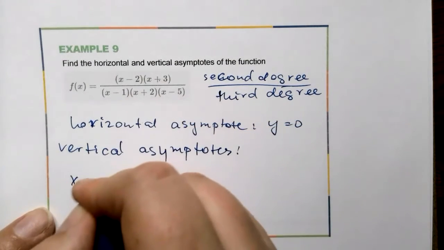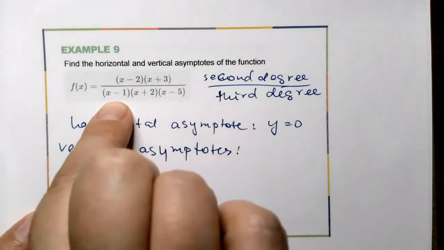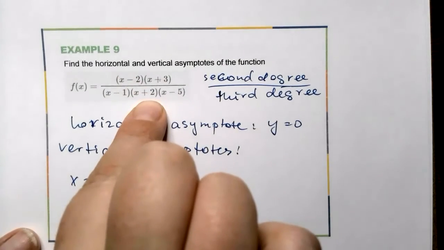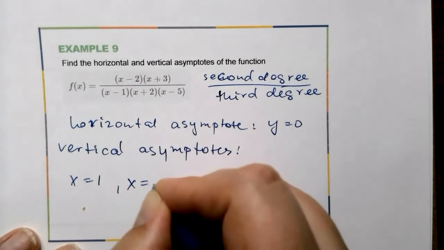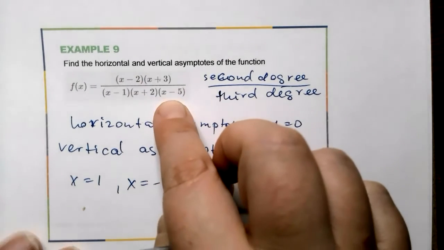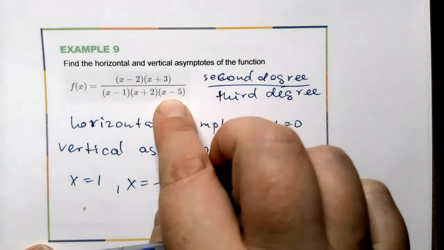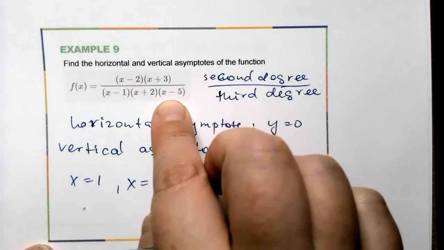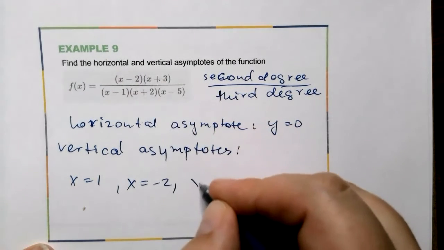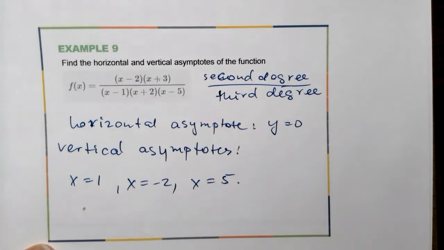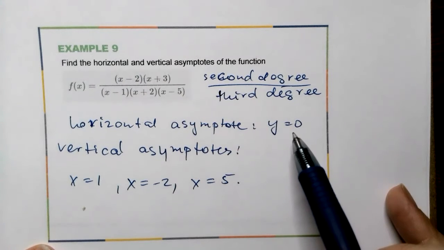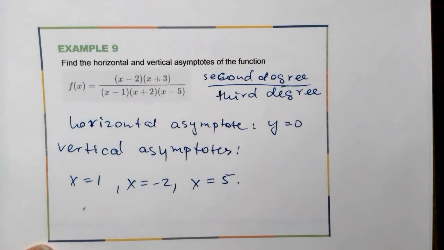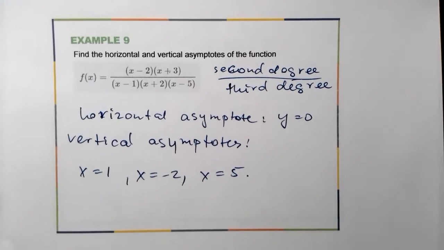There will be x equals 1 from the first factor. From the second factor, x equals -2. And the last factor gives us a third asymptote, x equals 5. Okay, so horizontal asymptote y equals 0 and 3 vertical asymptotes.